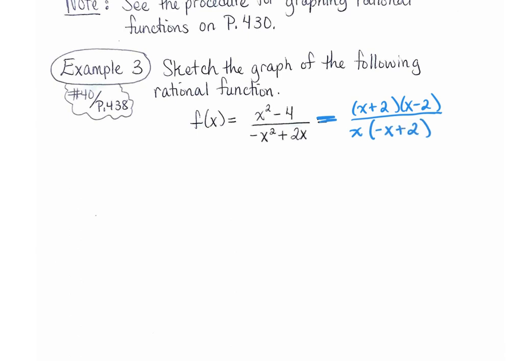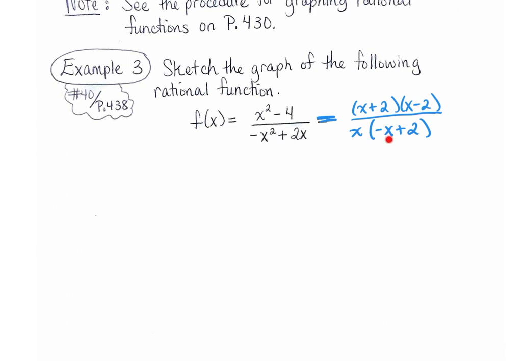Good. Now, do these factors look like one of these? They don't look identical, right? They could, though. How so? Factor out a negative, and then one of the factors will look the same.